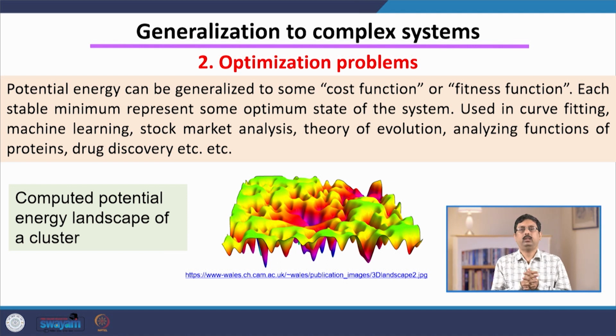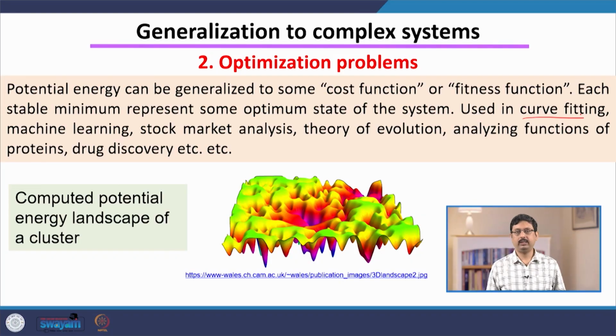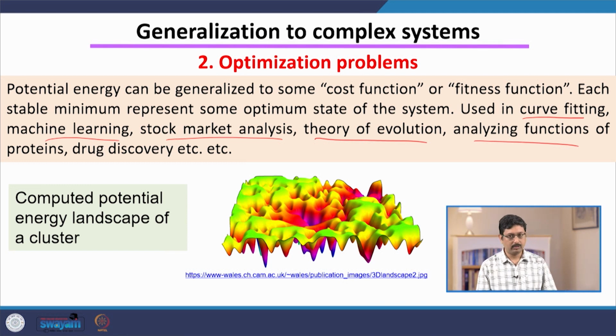This concept of cost function or fitness function is a function that is used to find the optimum state of a system, and it is a very generic function because it is used beyond physics. It is used for example in curve fitting, in various machine learning problems, in economics, in stock market analysis, in biology, in analyzing evolution theory, the functions of proteins, drug discovery, etc.